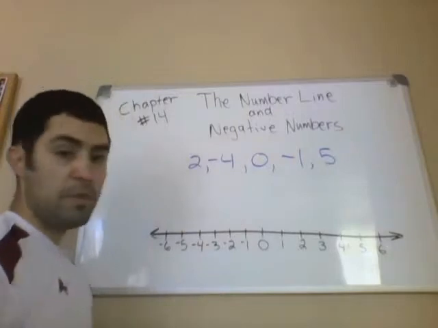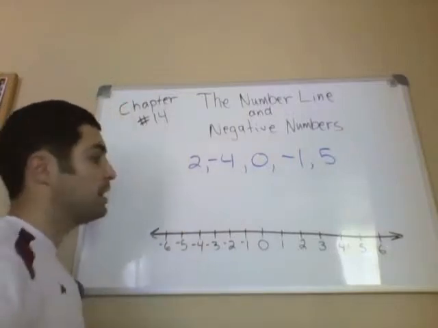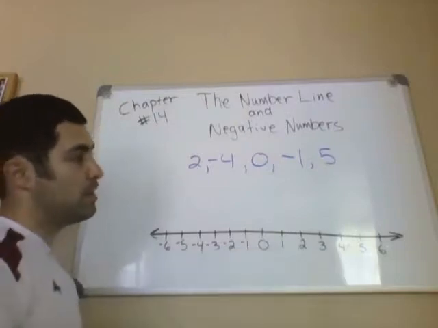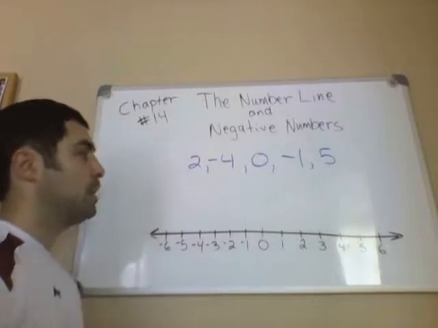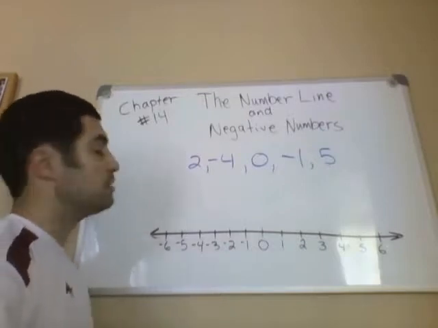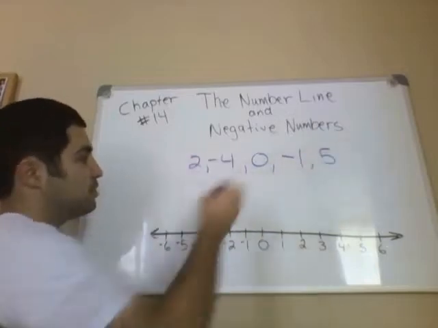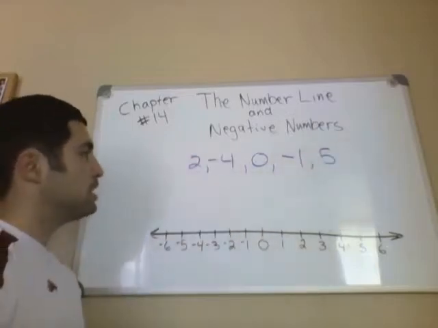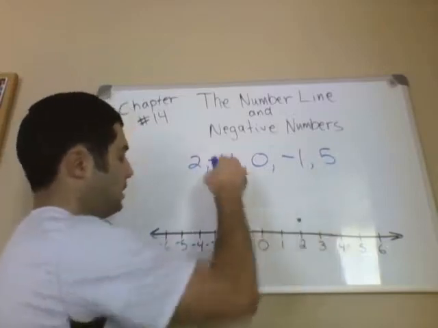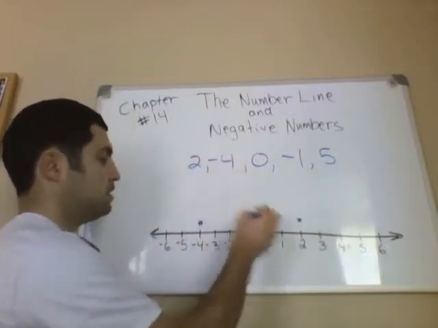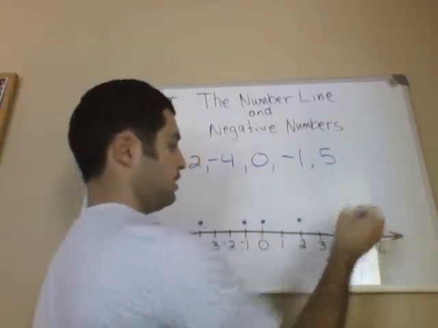So we want to start with the smallest number, or the number that's furthest to the left on the number line, and work our way that way. So we have all these integers. Integers are numbers that include positives and negatives. So out of these 5 integers, which one is furthest to the left? Well, 2 is going to be right here. Negative 4 is going to be right here. 0 is going to be right here. Negative 1. And then 5 is going to be over here.